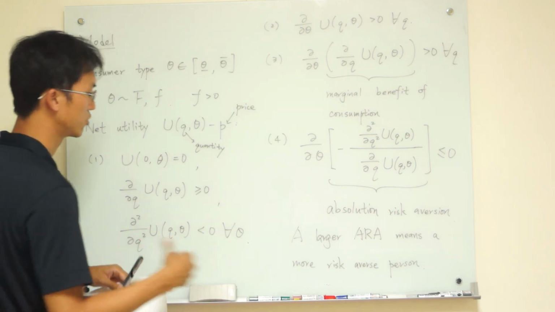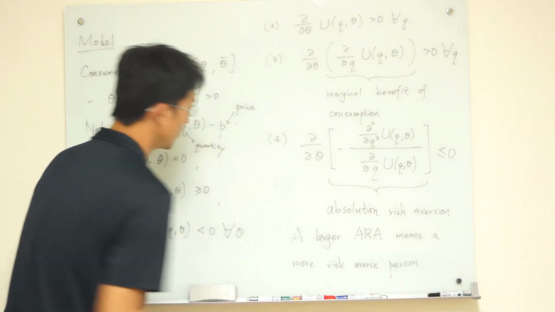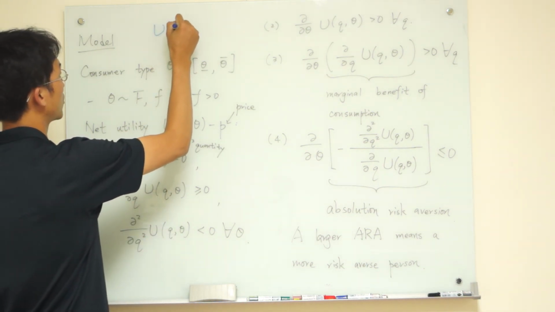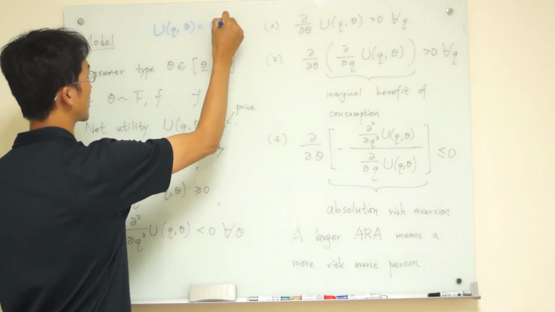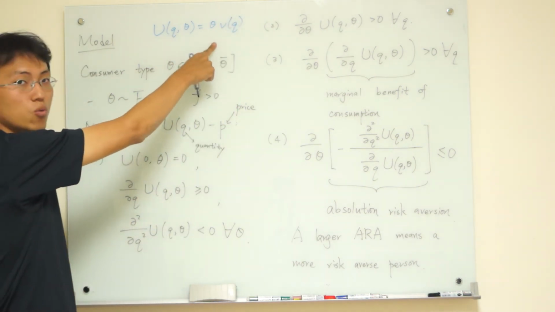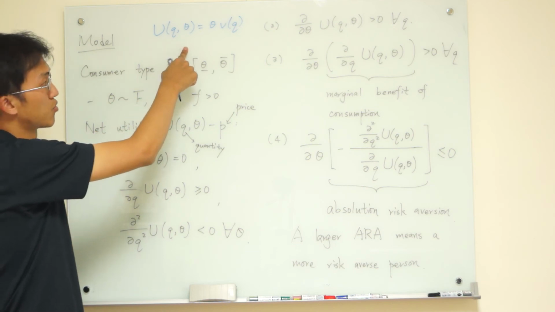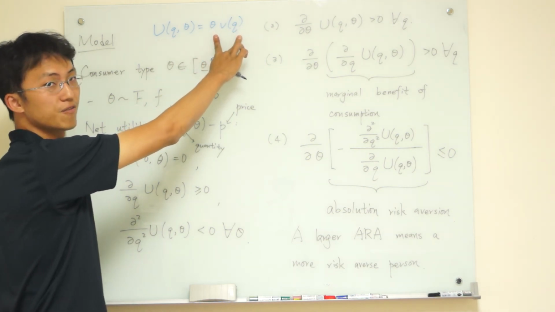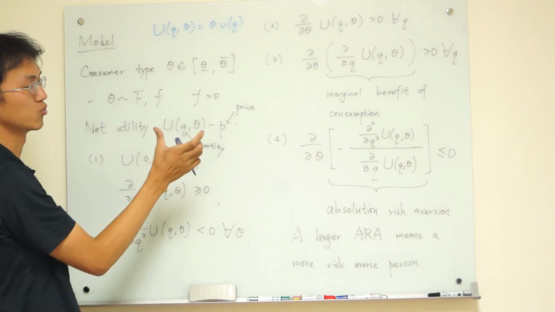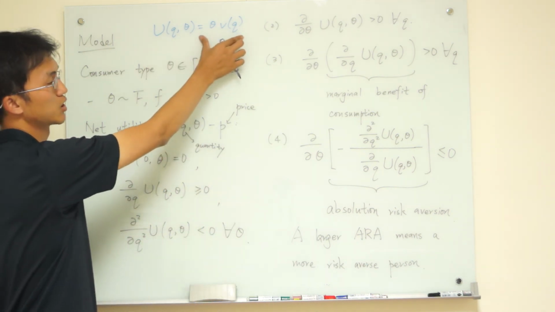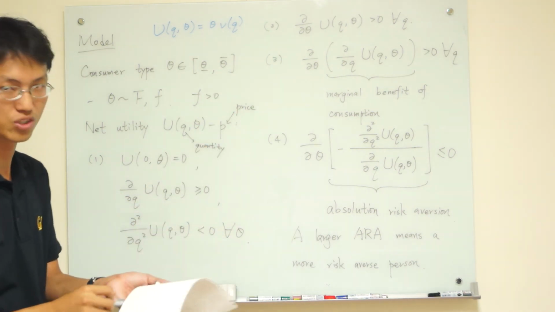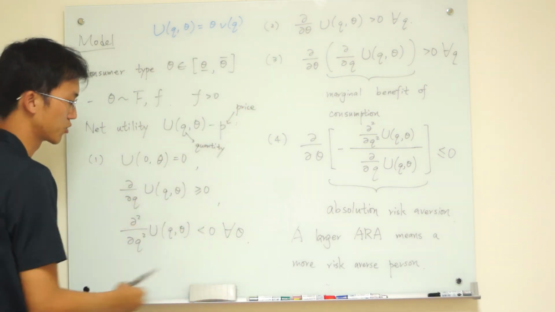To remind you, what we did for the monopoly pricing problem was to say that U of Q, theta is theta times V of Q. In this paper, we do not say U must be like this. We allow U to be more general, but you need to satisfy the following assumptions.